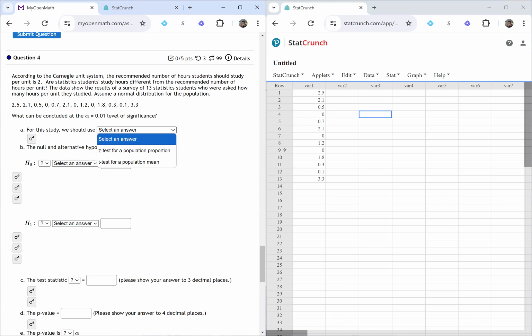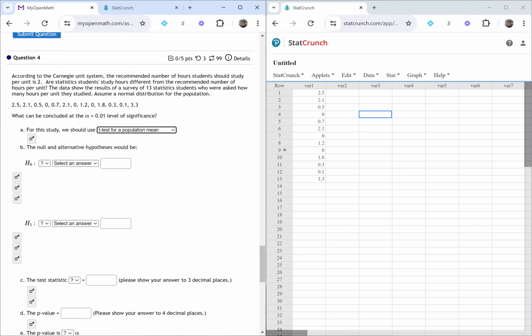I notice that we're trying to see what that average is, from this list of raw data, and we don't know what our standard deviation is. So we're looking at the t-test for the population mean, okay?